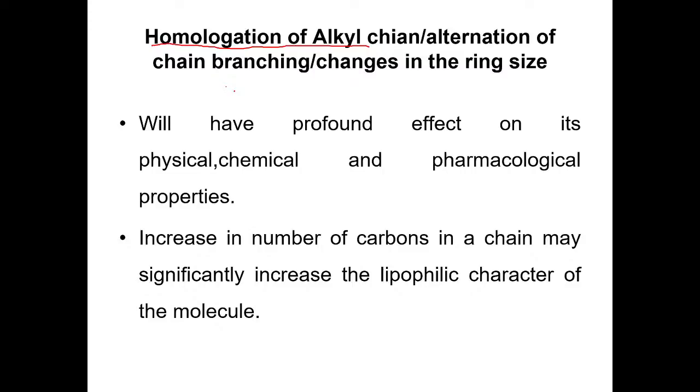What is the general formula for all alkanes? CnH2n+2, sir. So pentane is C5H12, hexane is C6H14, cyclohexane is C6H12, cyclopentane is C5H10.